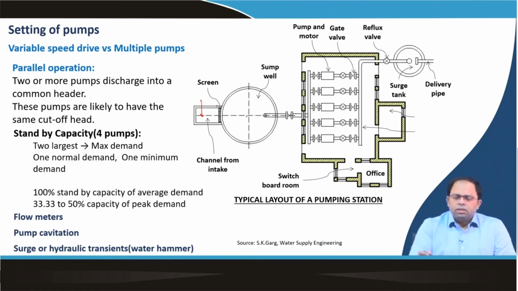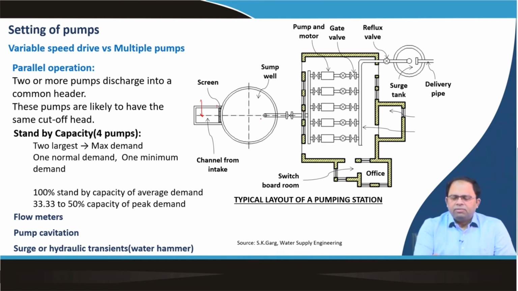Because pumps are sophisticated mechanical devices, if you put too many impurities or solid particles in, they will break. So the water that has to be pumped, or the sewage that has to be pumped, has to be free of these larger impurities.